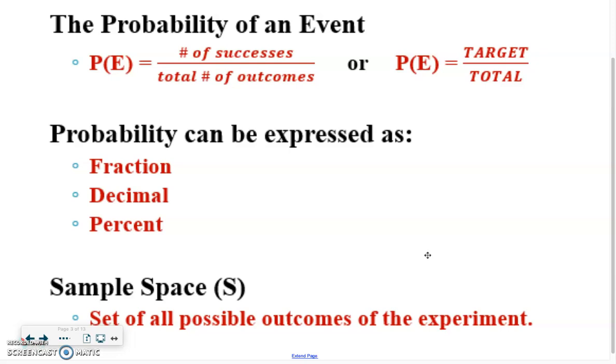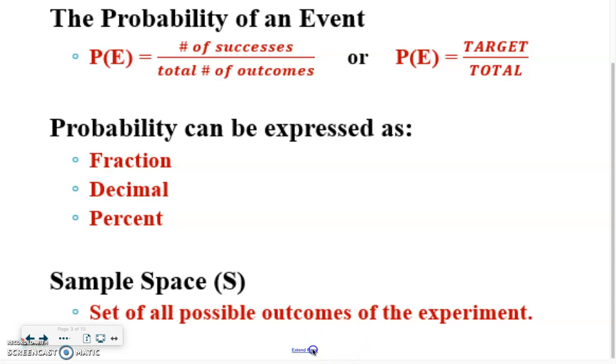In our class, fractions and percentages are going to be the 2 most common. Oftentimes the directions will ask. If the directions do not ask, I would do both reduced fractions and percentages. If the percentage has a decimal, I would assume that we're going to round to the nearest 10. Okay? All right, next up is sample space.